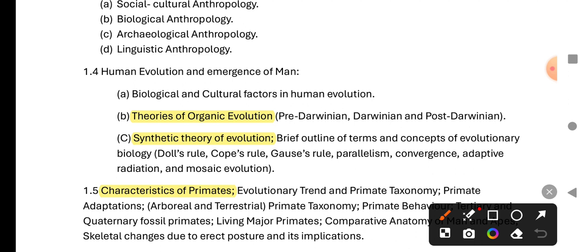Mammals have been divided into at least 16 orders. One of them is primates, okay. Primates are one of the 16 orders of mammals.